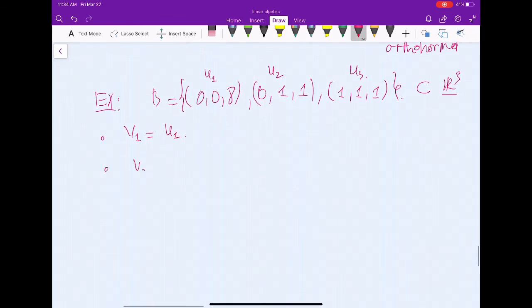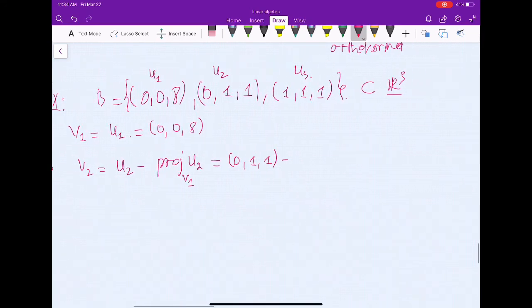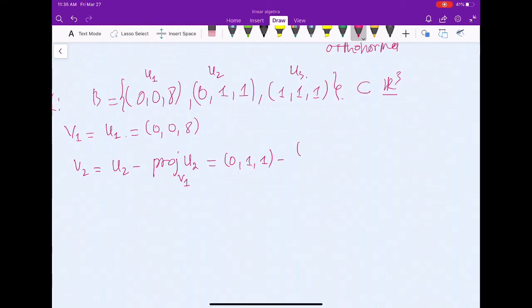And then v2 equals u2 minus the orthogonal projection of u2 on v1. That is (0, 0, 8). I have u2 is (0, 1, 1) minus the orthogonal projection. That is just (0, 0, 1) dot product with (0, 0, 8). Oh no, here I should have 1 right here, okay?